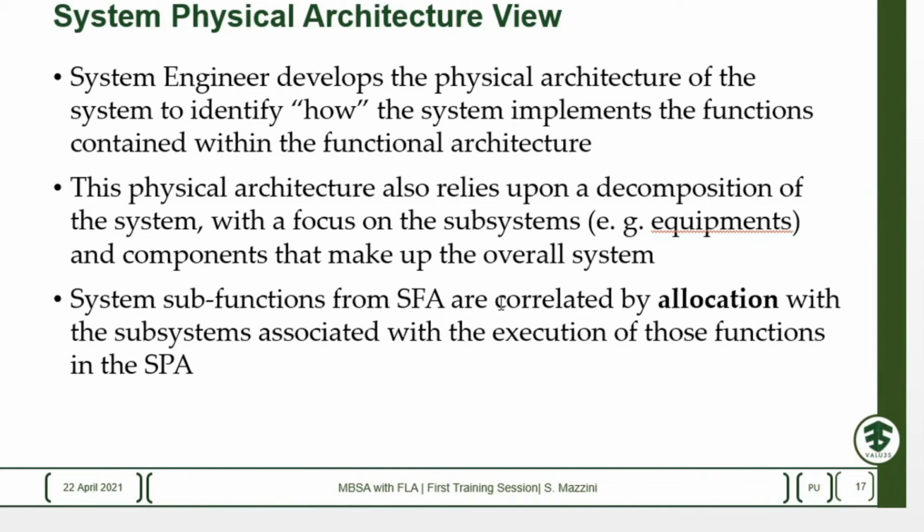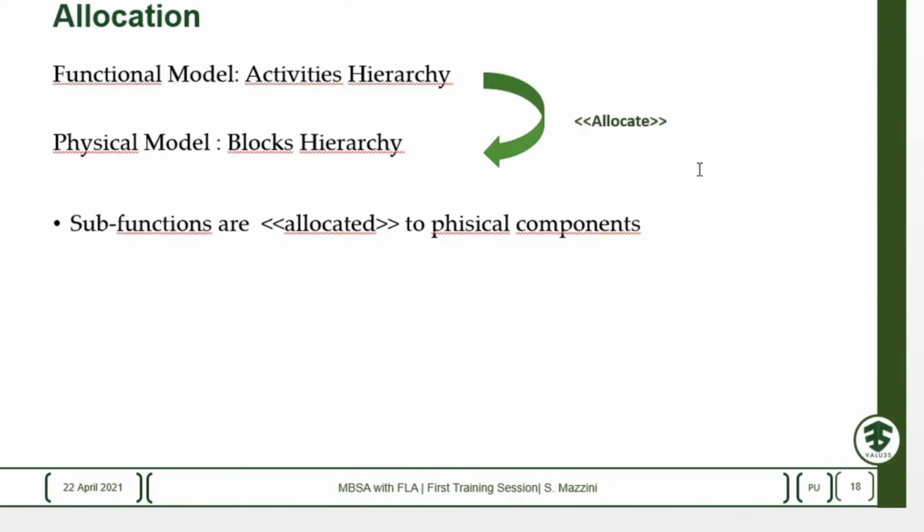So the functions that have been developed in the functional architecture are related by allocation to the elements of the physical architecture. We use the SysML allocate relation to trace sub-functions to physical components.